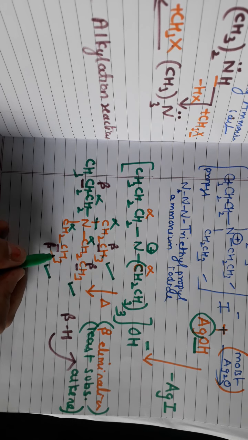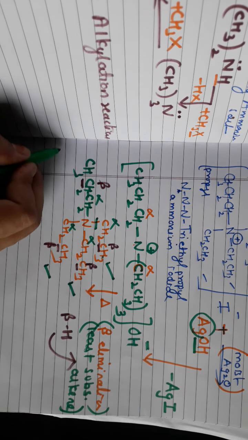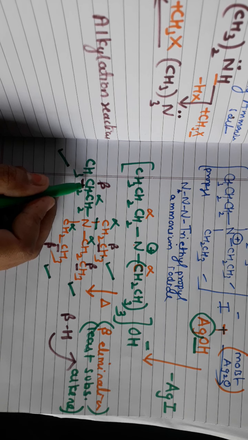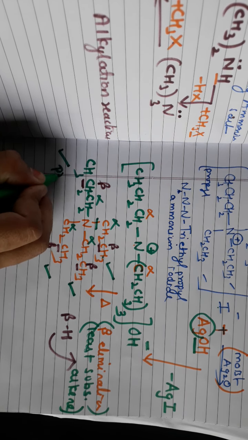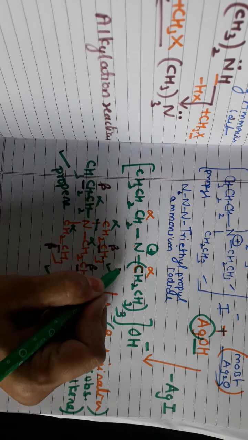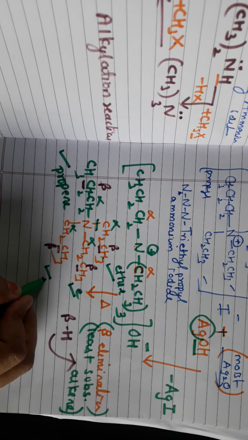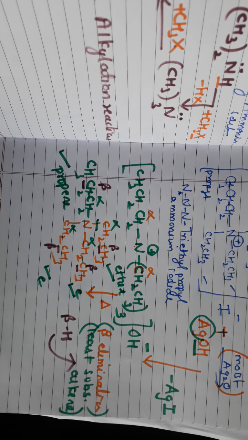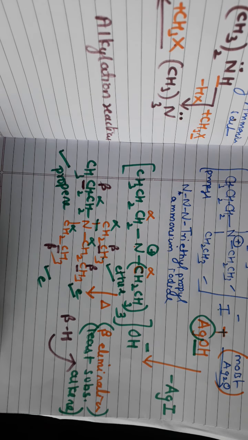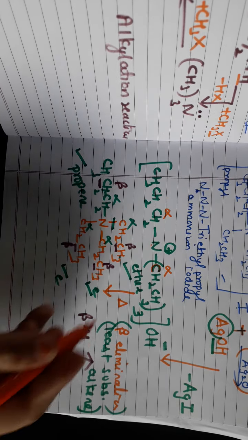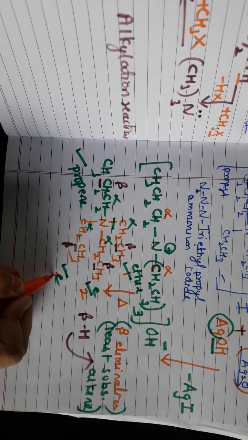From here, it is ethene. But if it is eliminated from this side, it is going to give us propene. This will give ethene, this will also give ethene, and this will also give ethene. So according to the rule, we are going to get the least substituted alkene, so I can go for any of these three.